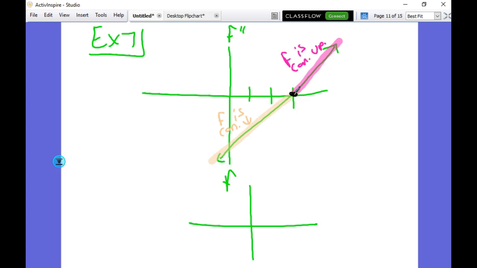So we have concave down looks like this. All right. And they switch at what value? 3. So 1, 2, 3. Let's see if Jacob can show us the graph.